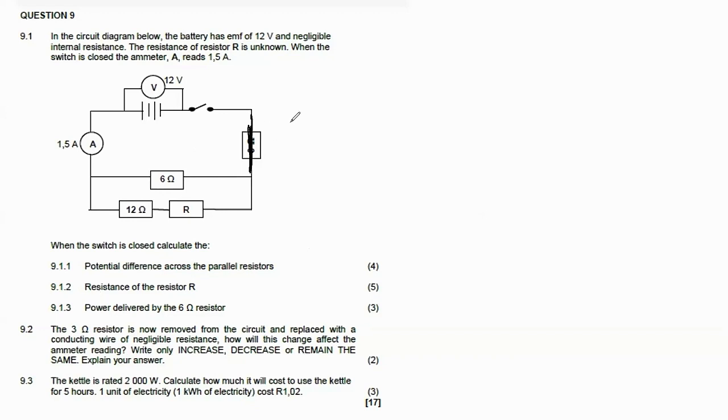Now again, if we remove a resistor in series, we are expecting the total resistance of the circuit to decrease, right? So the total resistance of the circuit will decrease. But then according to the relationship that we know of resistance and current, resistance is inversely proportional to current.